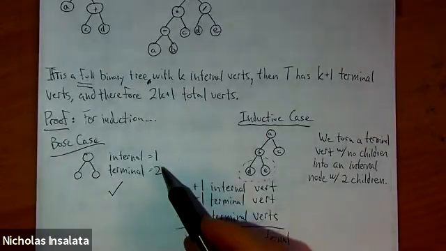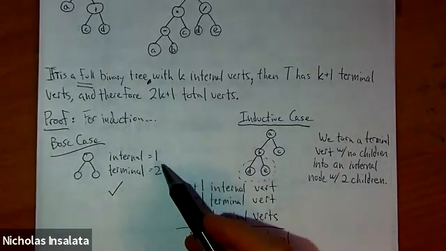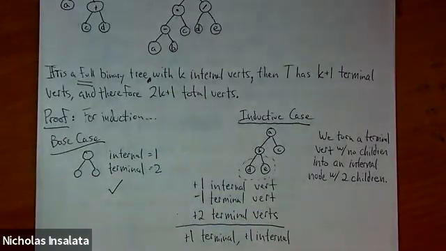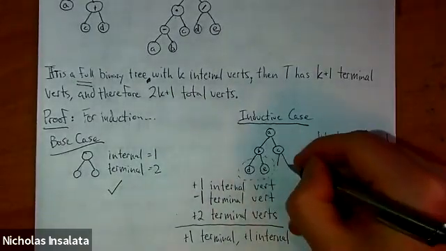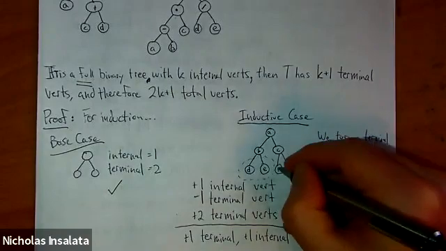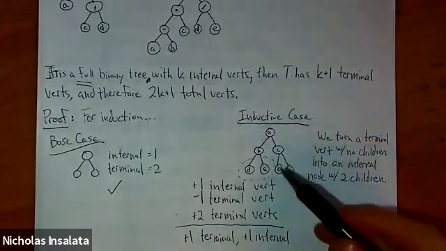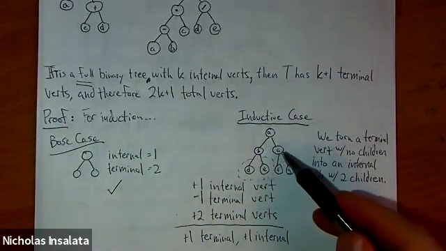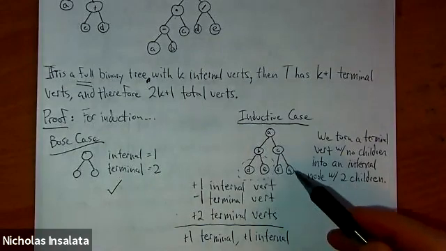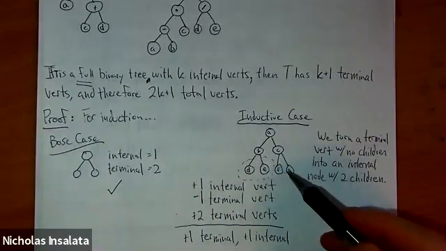And so since we started off with 1 more terminal than internal, and they grow at the same rate, then if we added another couple of kids over here, F and G, the same thing would happen. We've lost a terminal node and gained 2, which means in total we've gained 1 of them.